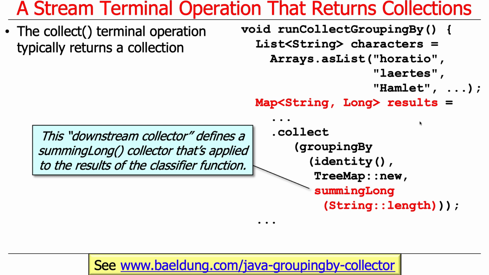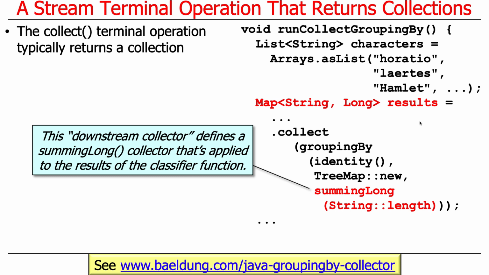So basically what we're saying here is, the key will be the name of the character in Hamlet, and then the values are going to be the sum of the length of the name of the key. And that is applied after we map things to the keys. Then the downstream collector is used to create the values that are then associated with the keys.